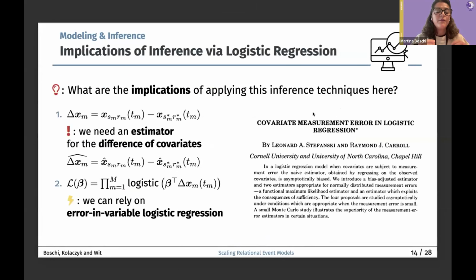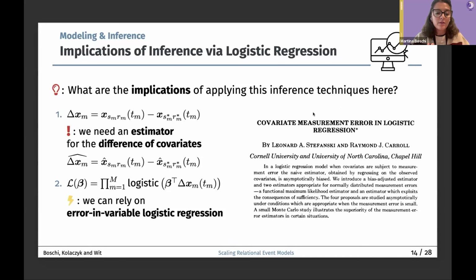First of all, if I employ this logistic, my regressor becomes the difference of covariates. So it's not enough to estimate the value of the covariate for the event, as I did in the example that we saw before, but I also need to do the same for the non-event, and I need an estimator for the difference.